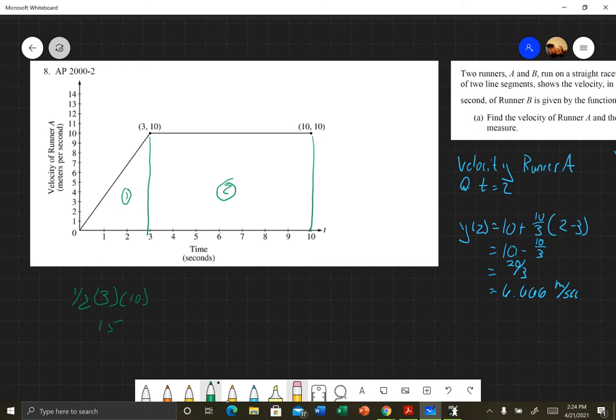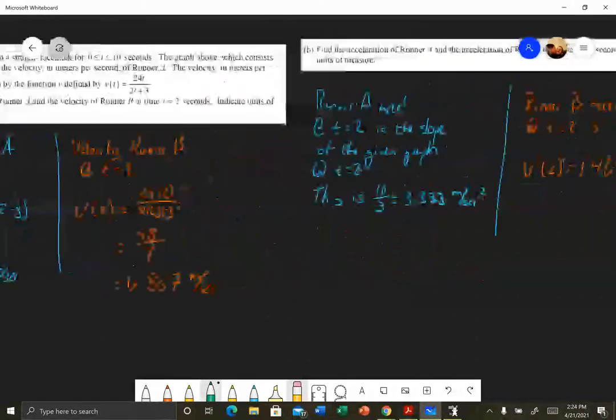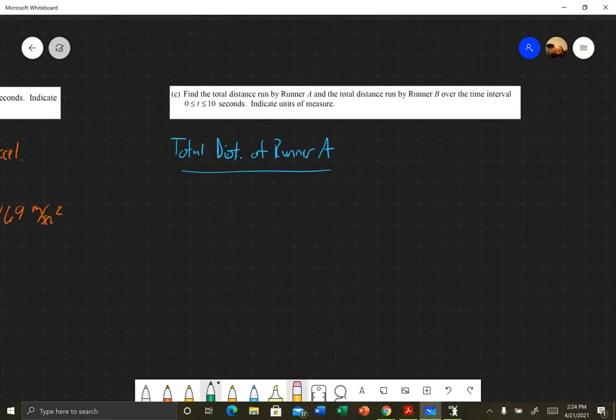And then for this area right here, I've got from 3 to 10, so that's 7. Base times height, and that's 10, and that's going to be 70. Let me go back over and put that notation down over here.